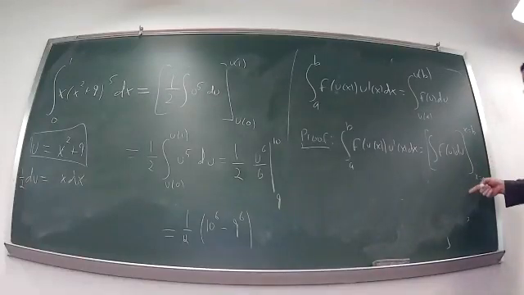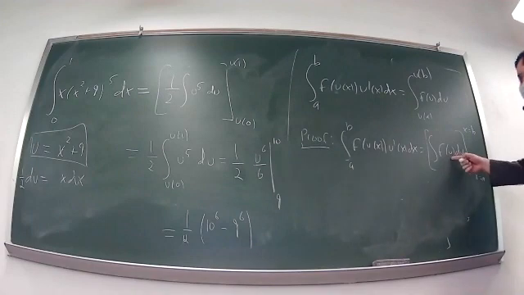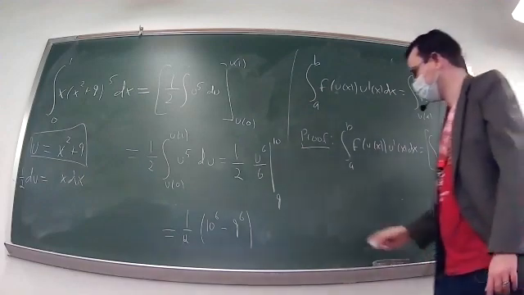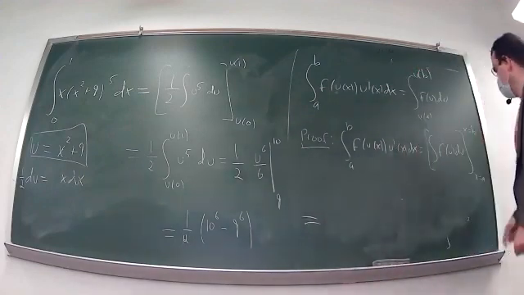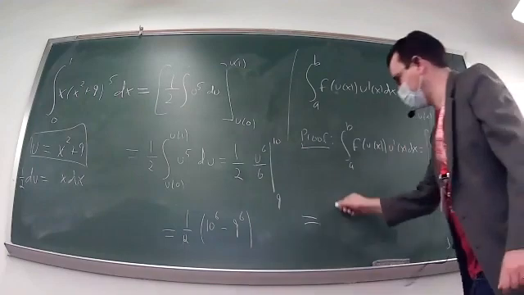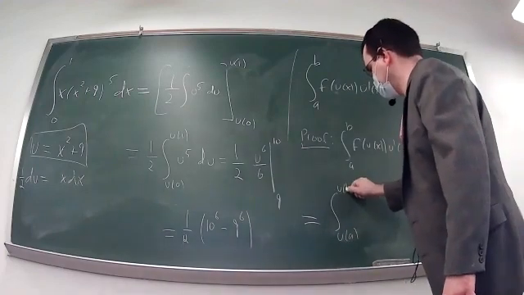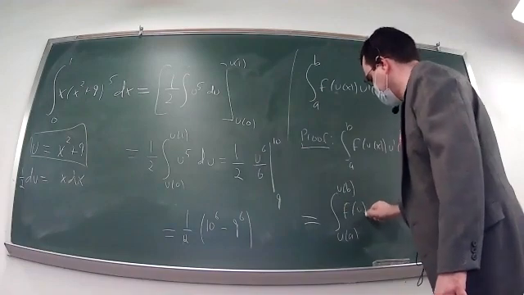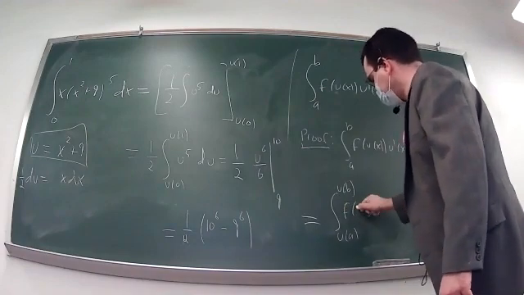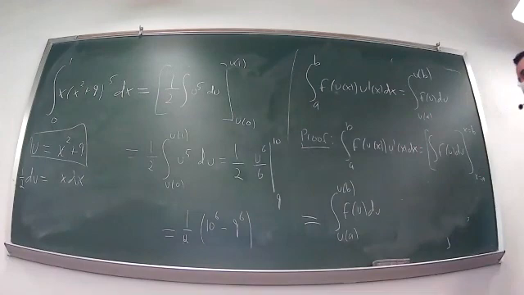And when you plug that in, you'll get f of u of b minus f of u of a, which is the same thing as taking a definite integral from u of a to u of b of f of u du.